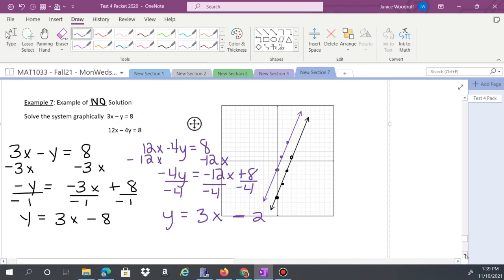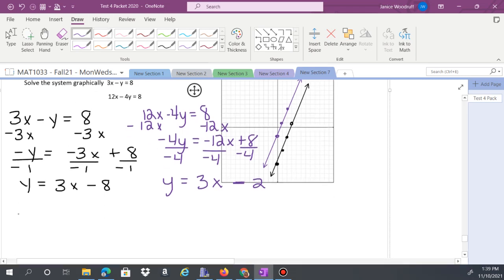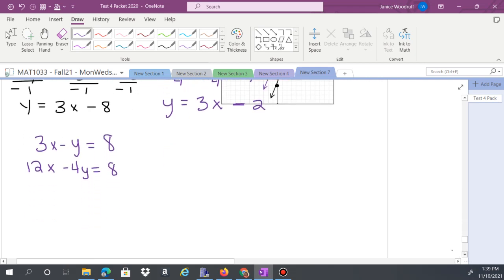Let's say, though, I'm doing this problem and I want to solve it algebraically. Okay, so I have my 2 equations here, and I'm going to do this using elimination.